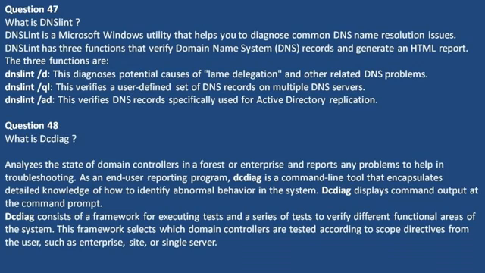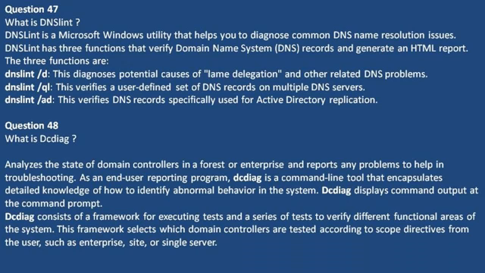Question number 47. What is DNSLint? DNSLint is a Microsoft Windows utility that helps you to diagnose common DNS name resolution issues. DNSLint has three functions that verify Domain Name System (DNS) records and generate an HTML report.